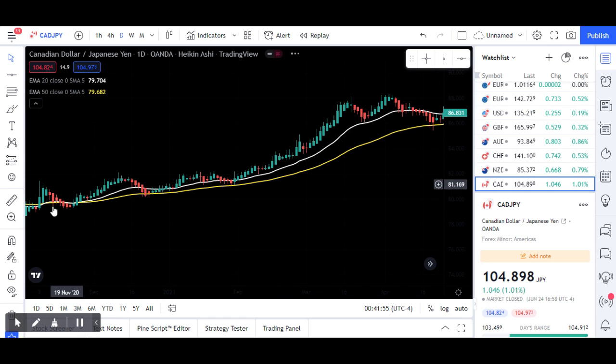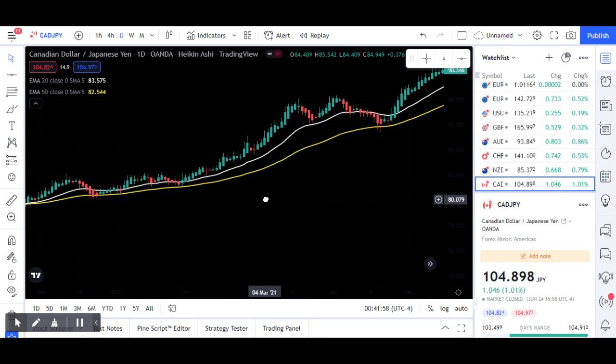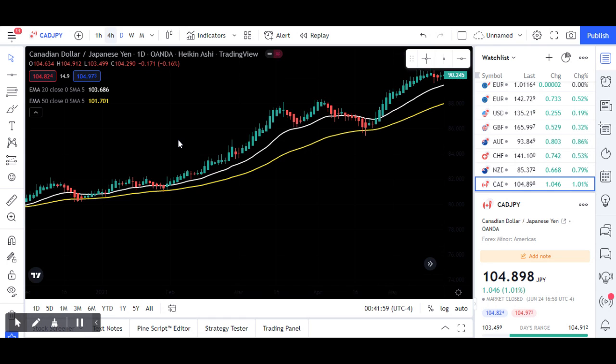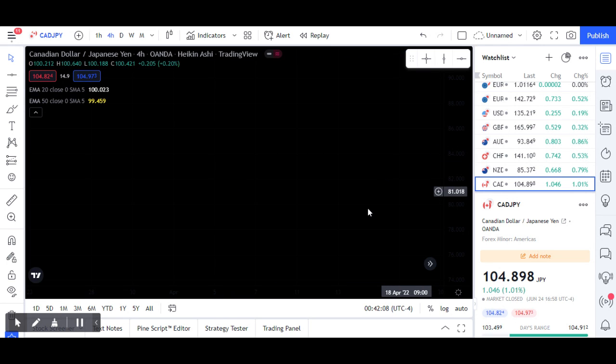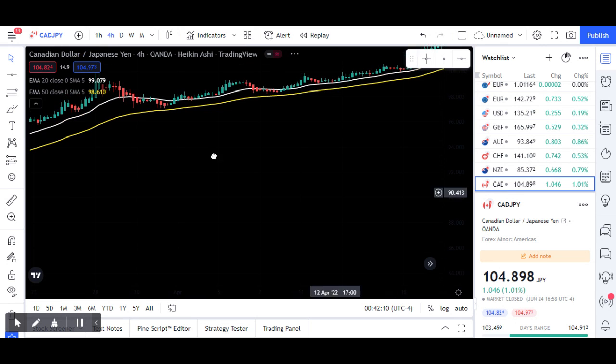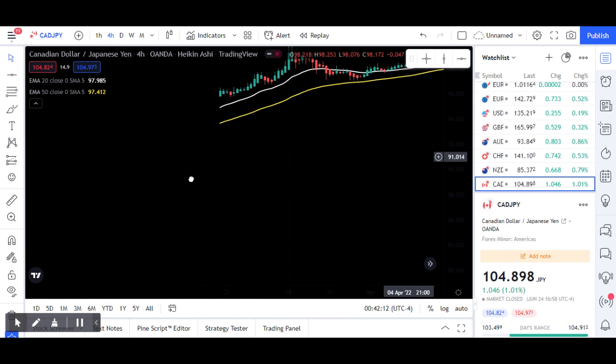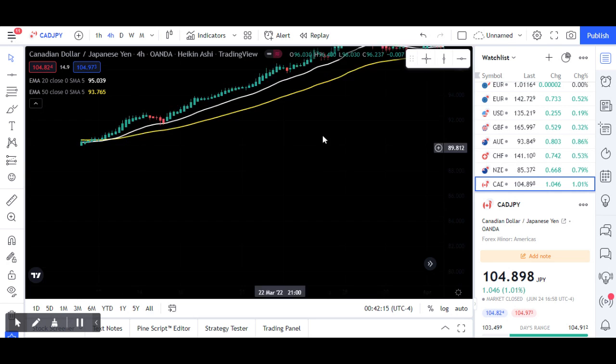All right, so that's an uptrend. Let's go back to the 4-hour. Oh, where did it go? There it is. Okay, and that's essentially the strategy.